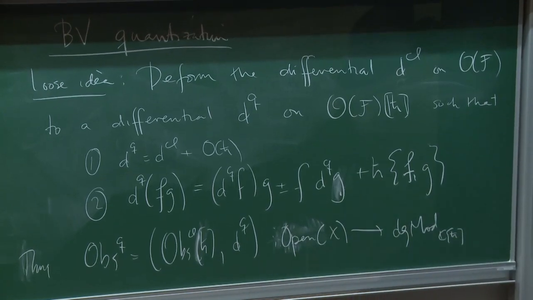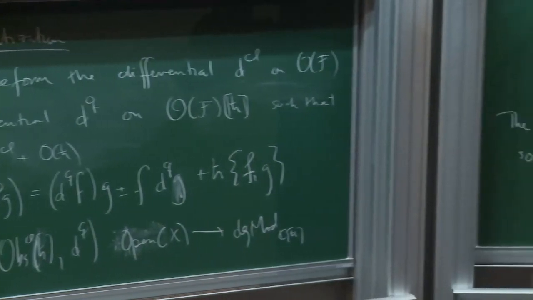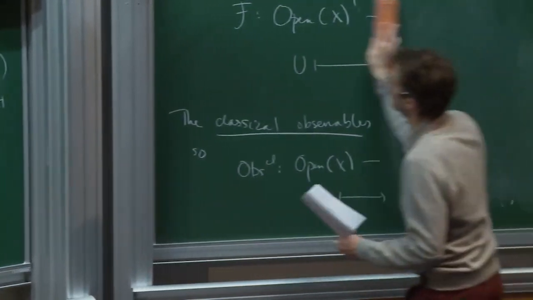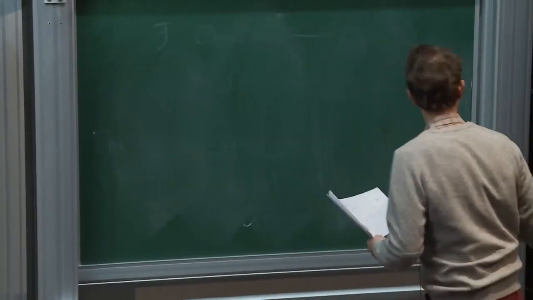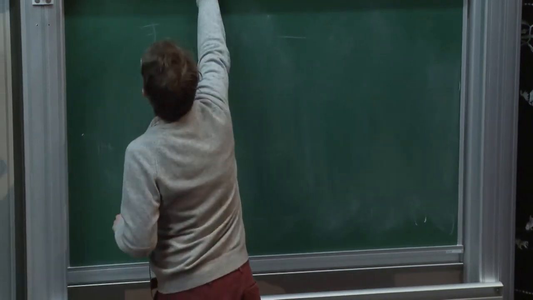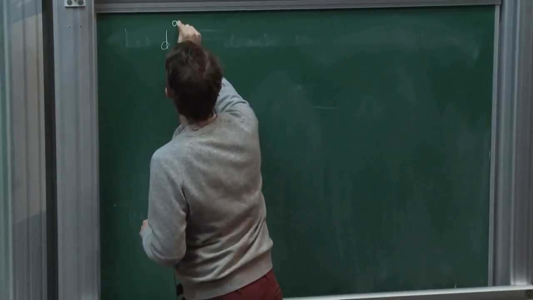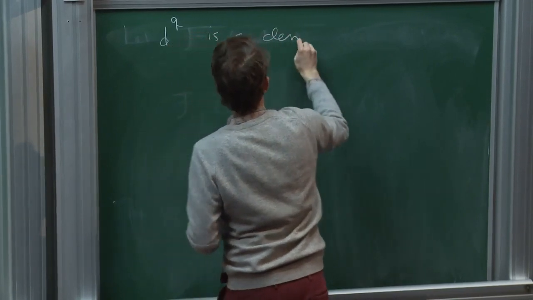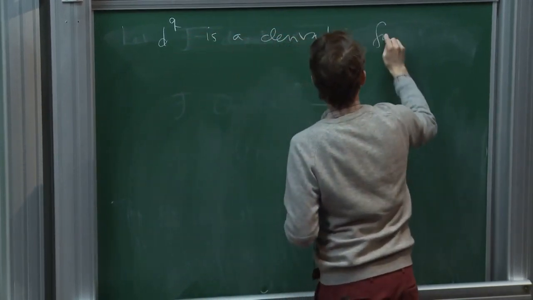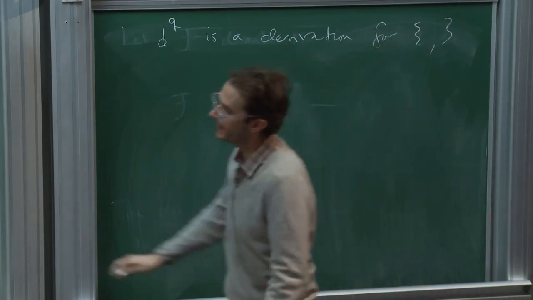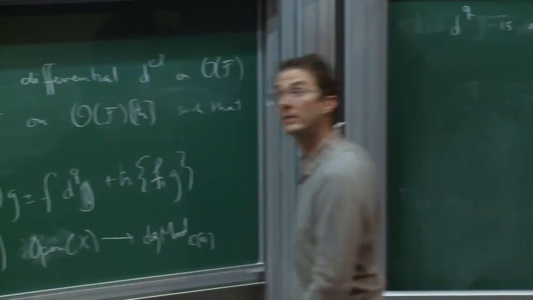But this differential is still a derivation for the bracket. So it's not a derivation for multiplication, but it is for the Lie bracket.